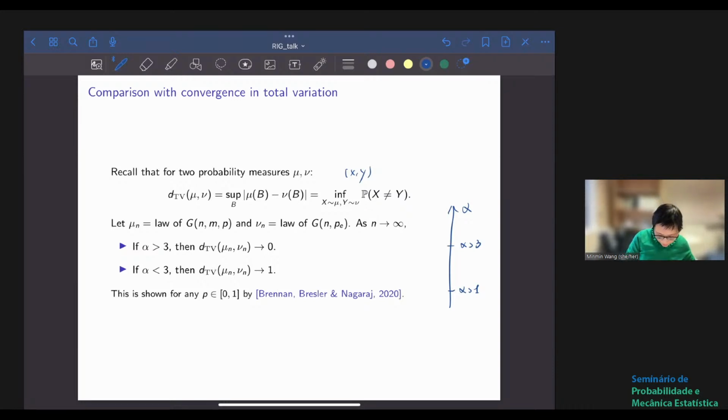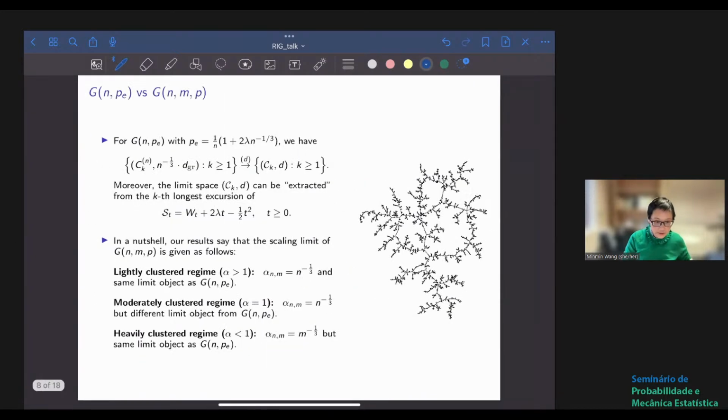Now I'm going back to the scaling limit result. I'm going to tell you a bit more about how we get this kind of result via a graph exploration. If we go back to the overview of the result, it looks like we have 3 cases to consider, but actually we only need to focus on one simple regime.